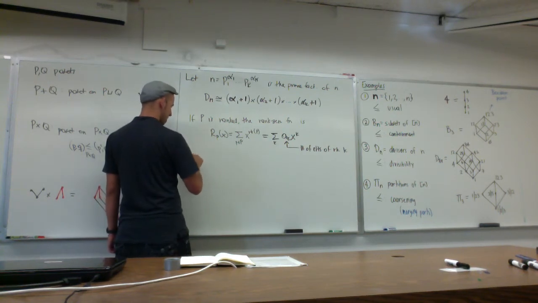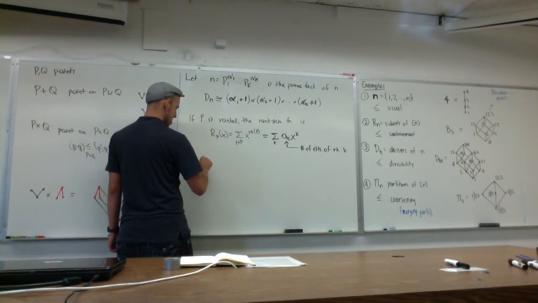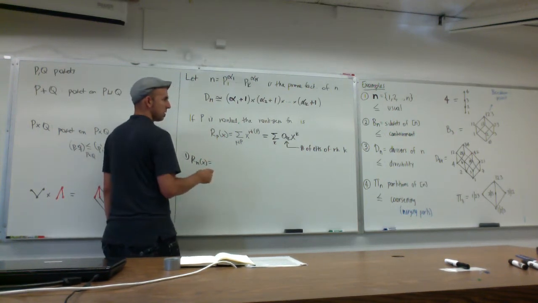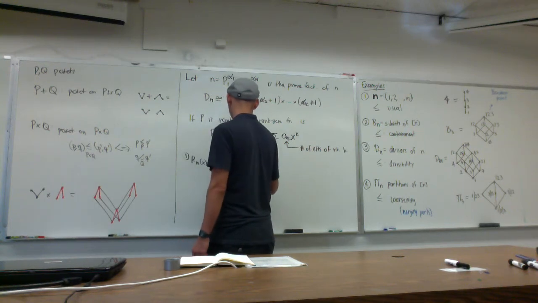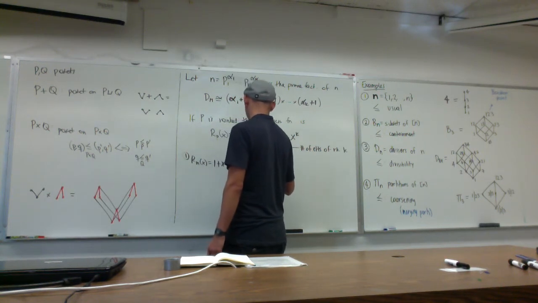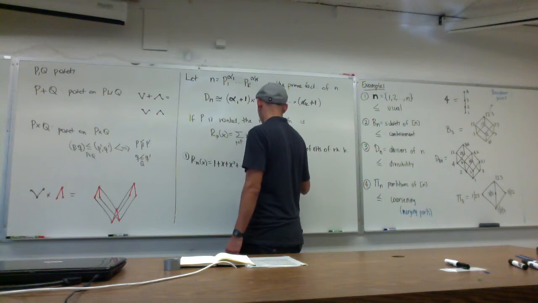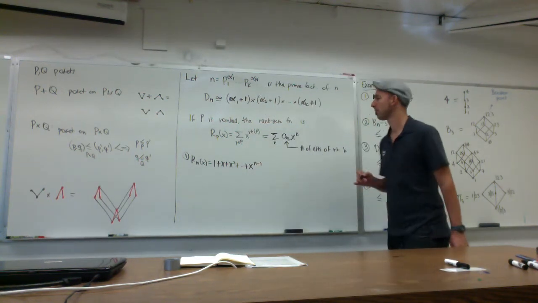So what is the rank generating function of a chain? Well, this is just 1 plus x plus x squared up to x to the n minus 1.